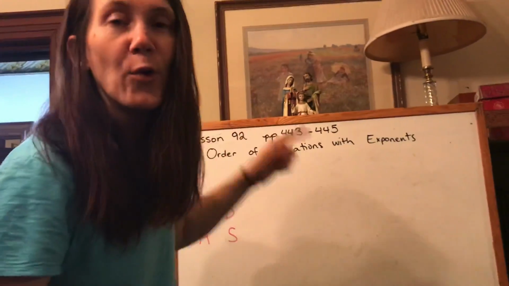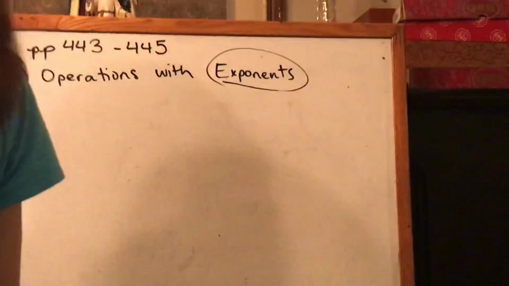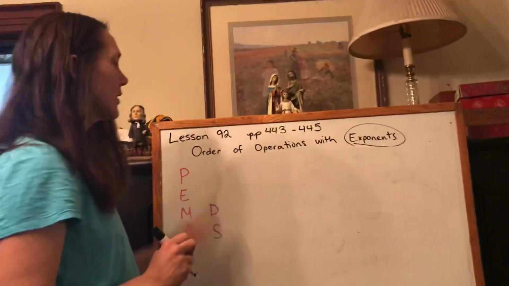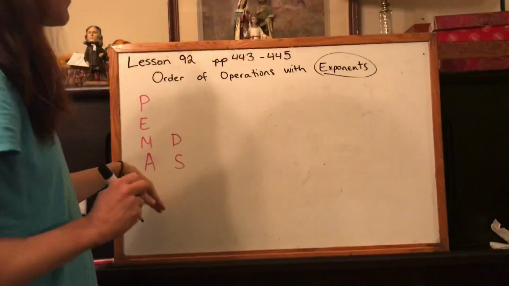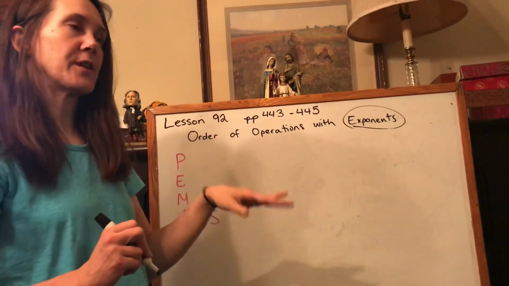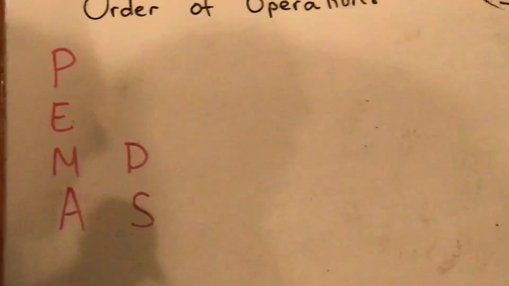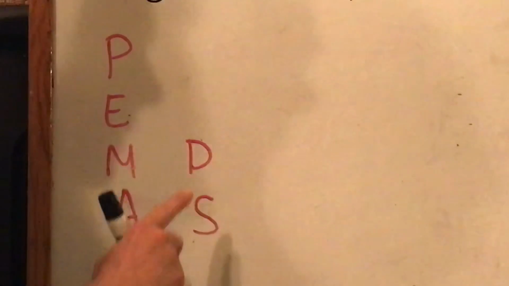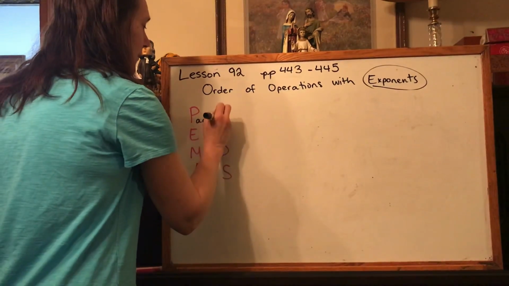The next order of business: we're looking at order of operations, but this time we're going to insert exponents. That's the word of the day. Exponents. I have already explained order of operations and PEMDAS, but we're just going to do it again. An easy way to remember this is Please Excuse My Dear Aunt Sally. We're going to do the parentheses, anything in parentheses, first.